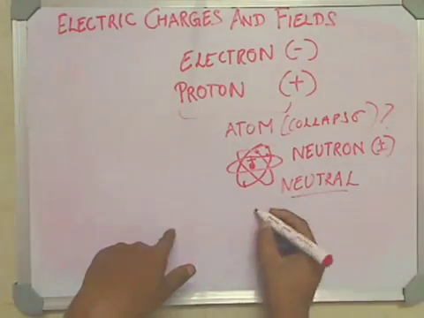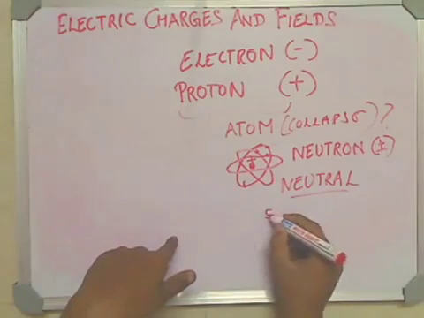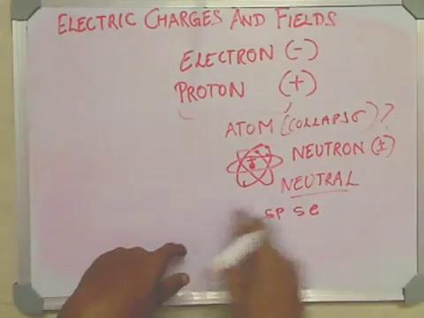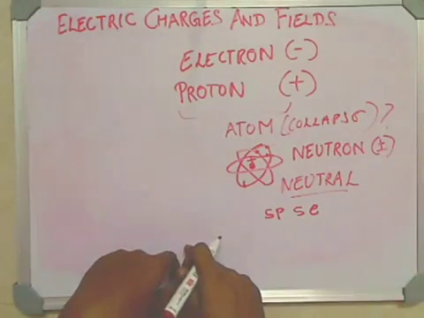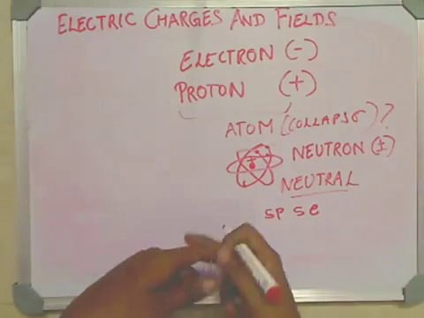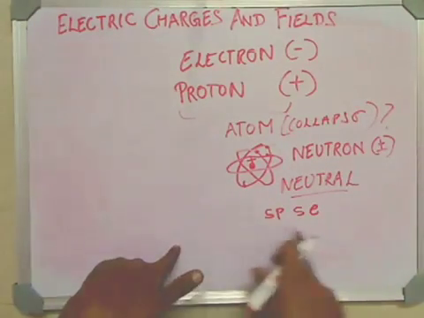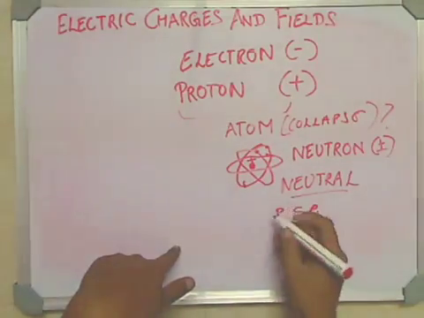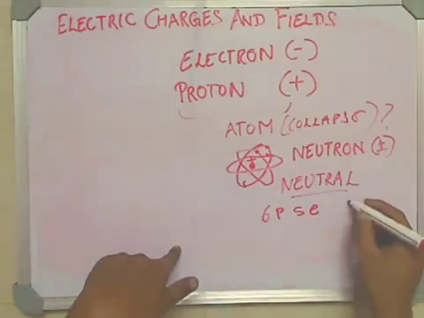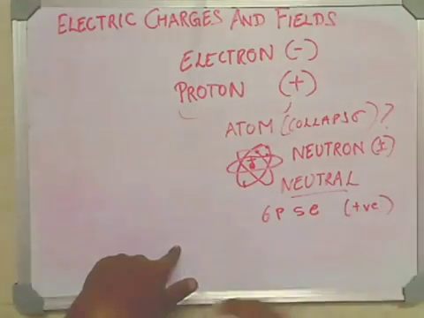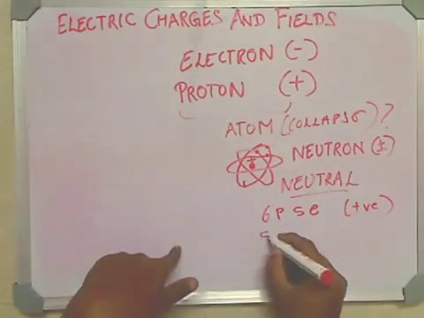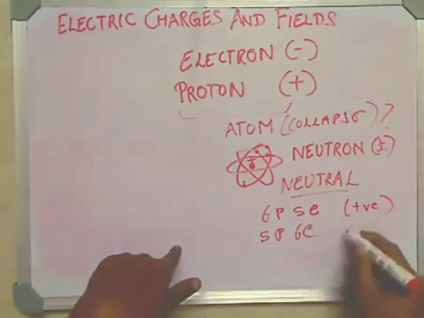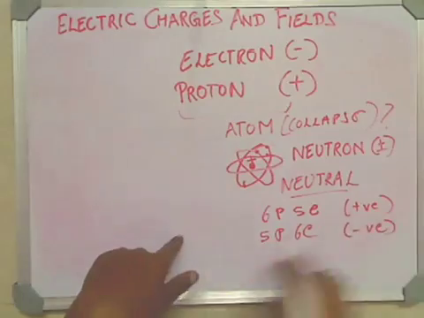So if an object has 5 protons and 5 electrons, the charge on the object is neutral. The object actually gets charged when there is a variation in any of these. Let's say there are 6 protons, the object becomes positively charged. Or in case there are 5 protons and 6 electrons, the object becomes negatively charged.